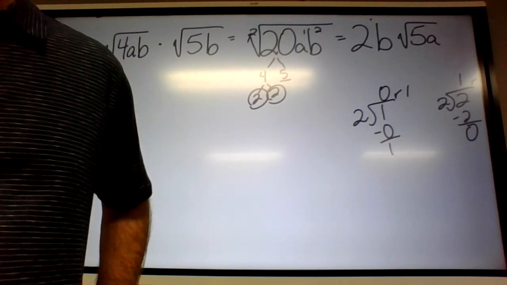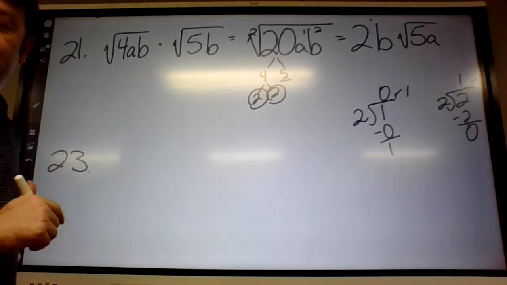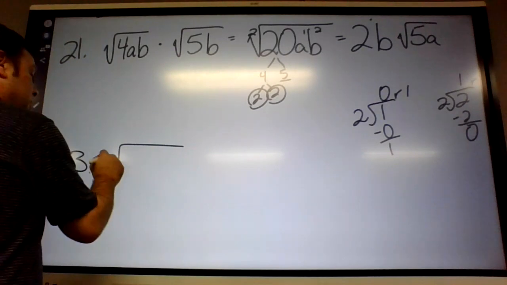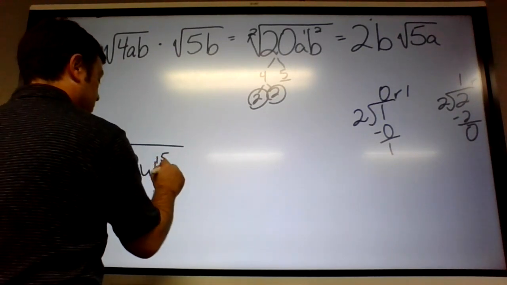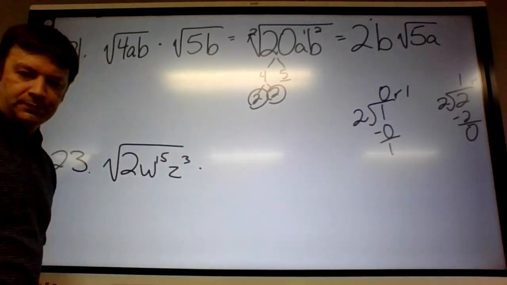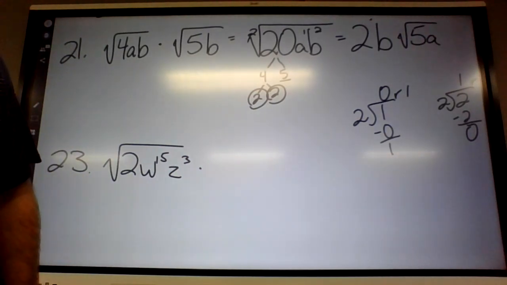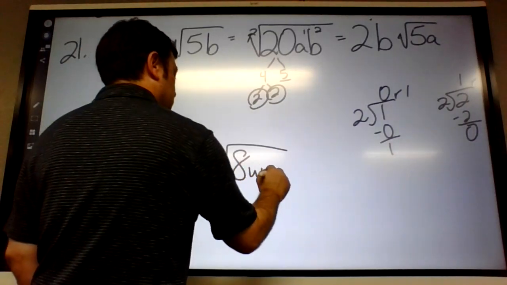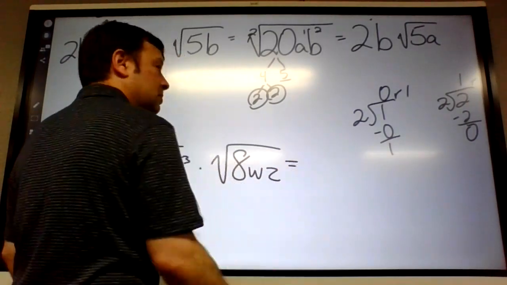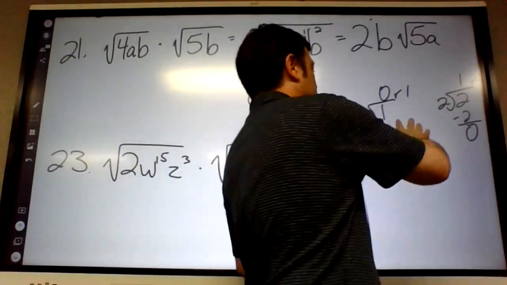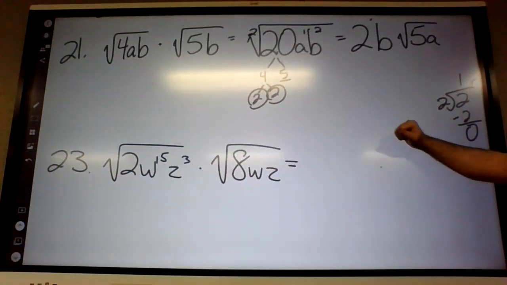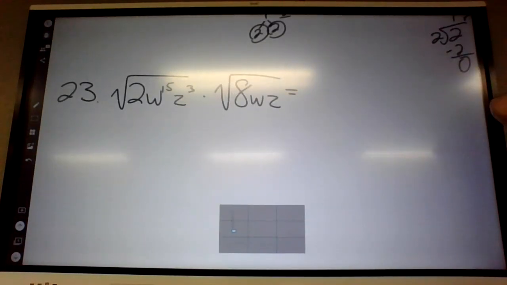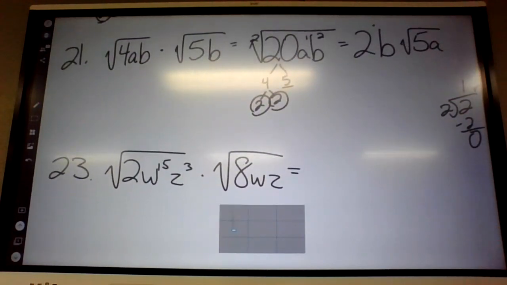Let's see, oh boy, 2w^15 z^3 times 8wz. Kenton, what can we do on this one?